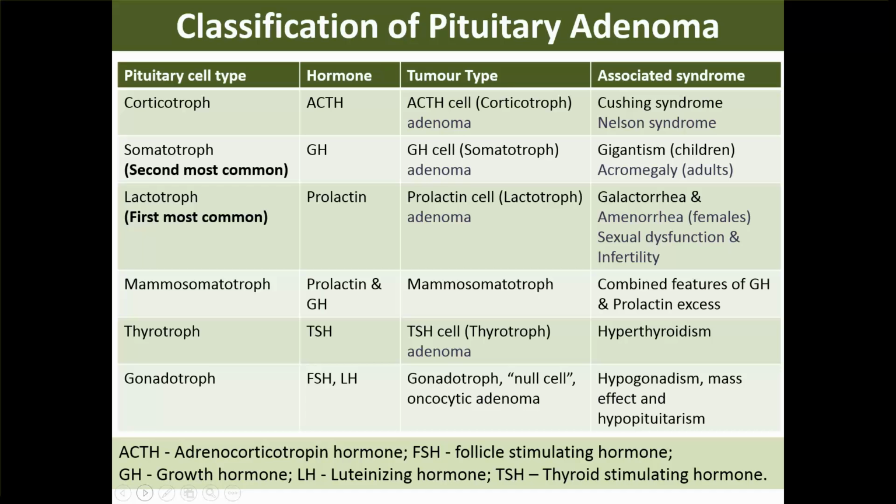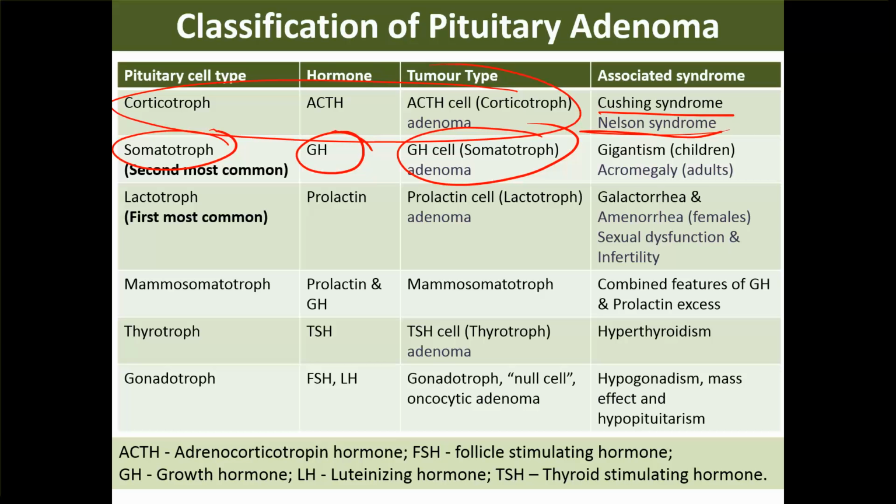It is called ACTH cell adenoma, and it can produce Cushing syndrome, and it can also result in Nelson syndrome. And if they come from the somatotrophic cells and secrete growth hormone, it is called growth hormone cell somatotrophic adenoma, and it can produce gigantism in children and acromegaly in adults.